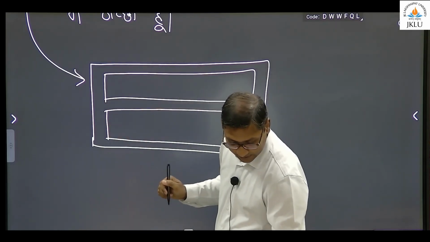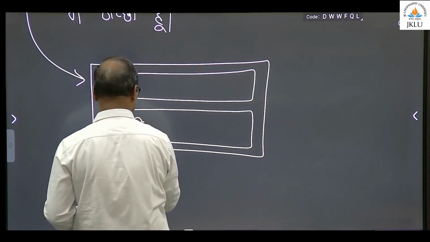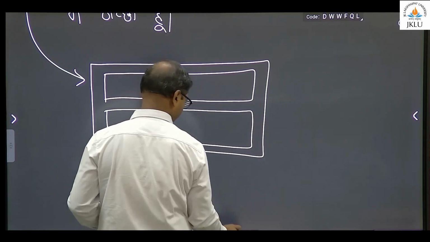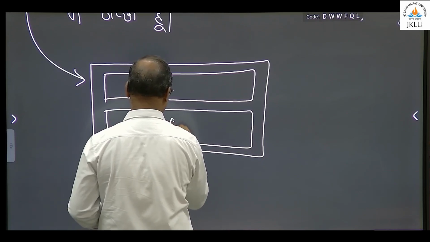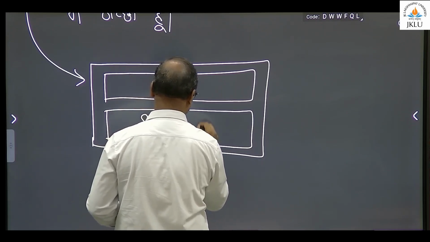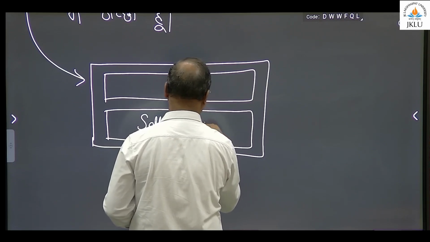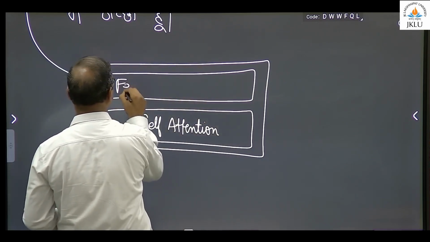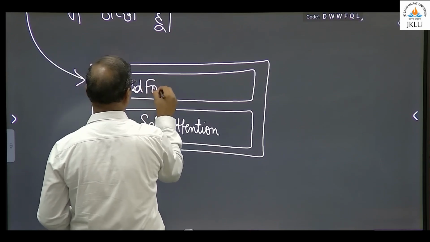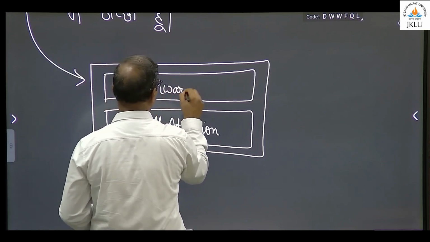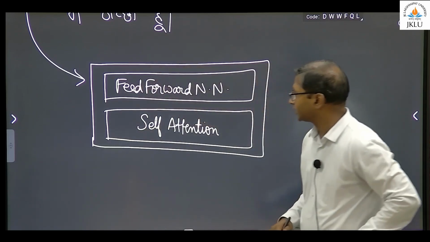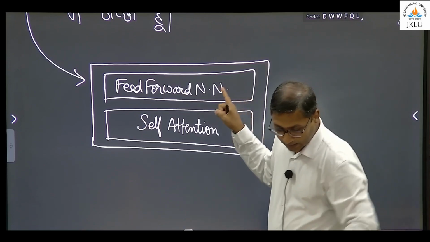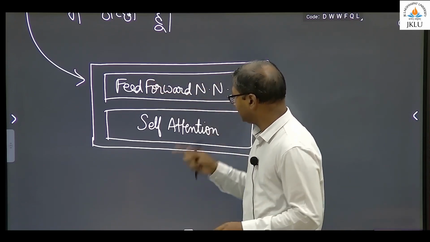The first one is self attention, and this one is feed forward neural network. Right? From now on, I will be writing this as FFNN and self attention.